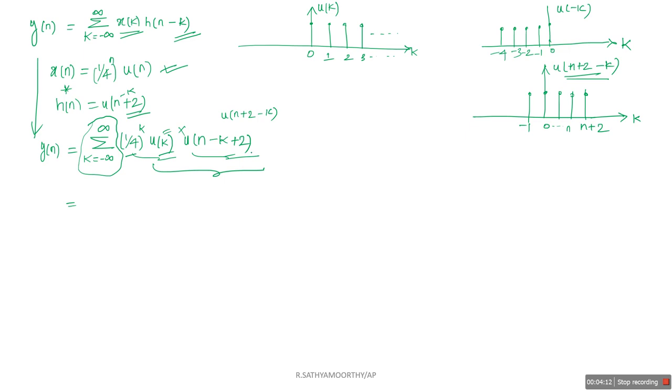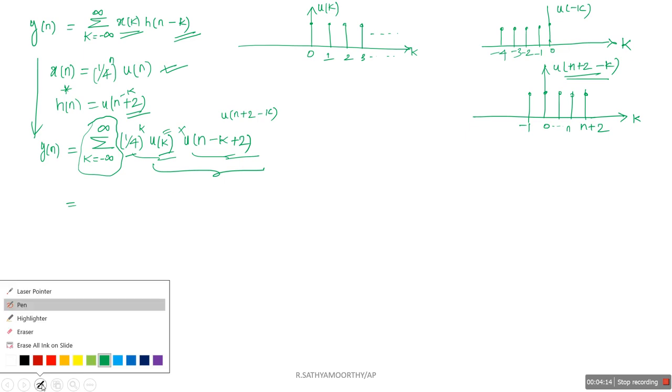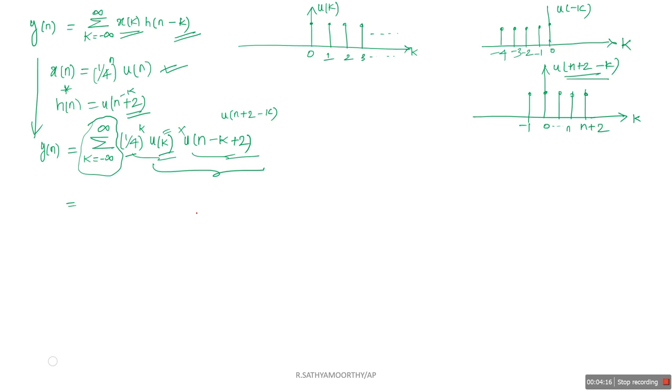Now coming back to the equation, if I multiply these two terms, u of k and u of n plus 2 minus k, the resultant graph will be like this. It starts from 0, 1, 2, up to n plus 2.